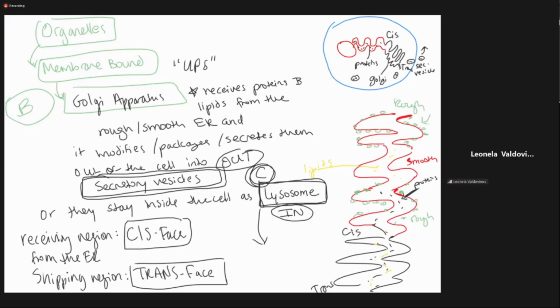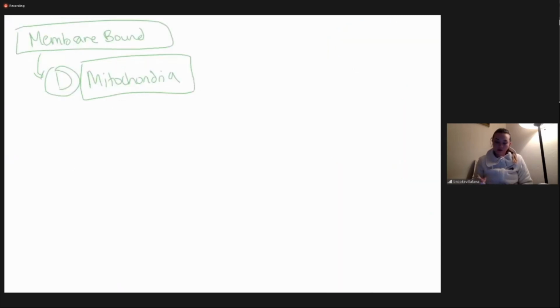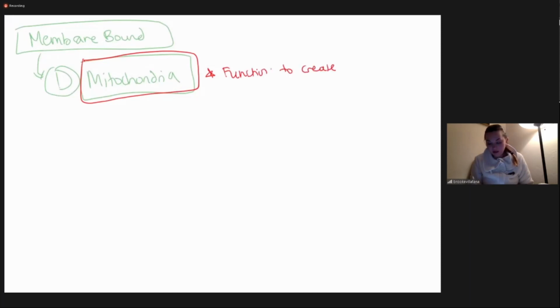Thank you. No problem. Okay, so we have our membrane-bound mitochondria. This is our one that most of us have heard of, right? So mitochondria, the function of mitochondria is to create ATP, which is cellular energy.